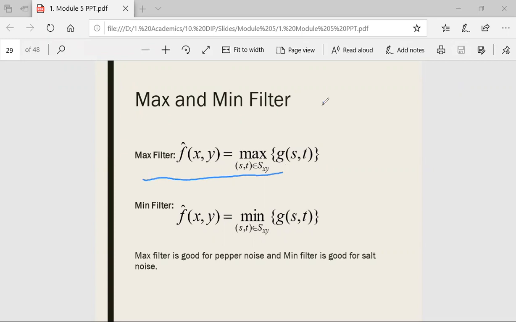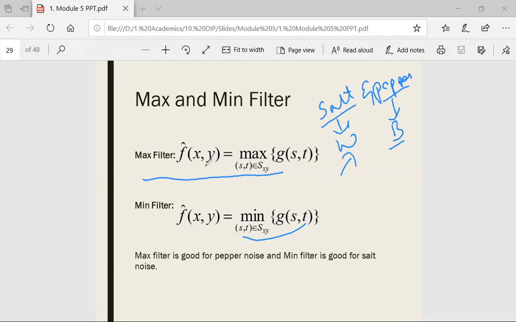Salt and pepper is a noise where salt is white color pixel noise and pepper is black color pixel noise. So the max filter is very good at removing the black color noise present in the image, and the min filter is very good at removing the white color pixel noise.